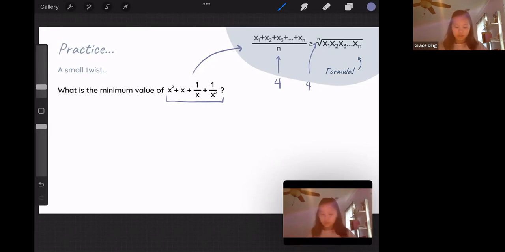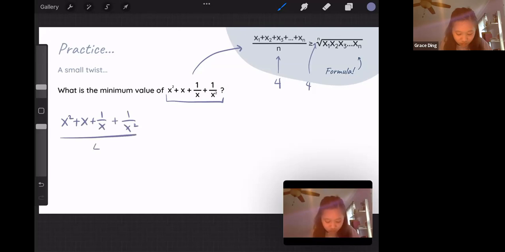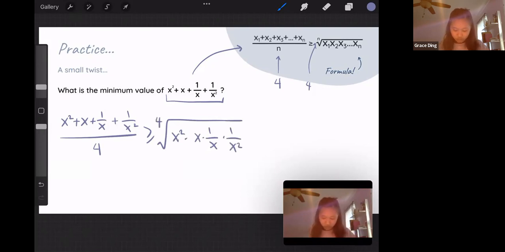Okay, I'm just going to explain this right now. Just going to copy down these 4 terms. There are 4 terms, so you divide by that. And as you can see, this will cancel out and it'll be equal to 1.